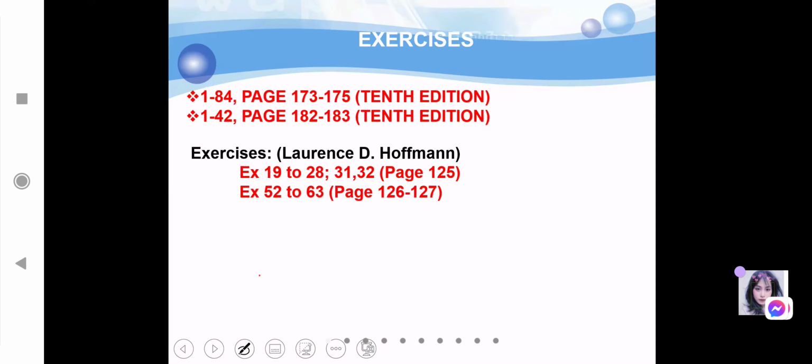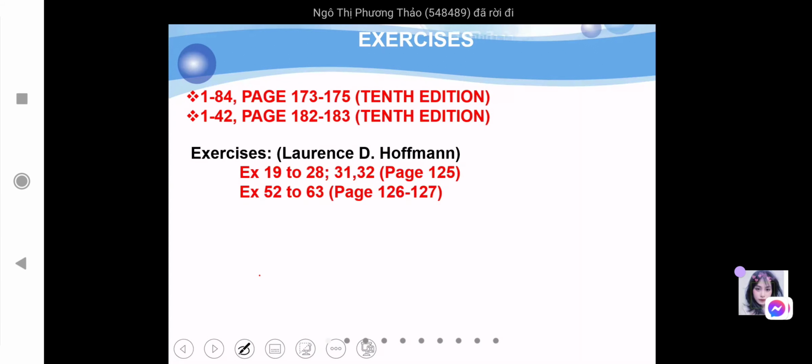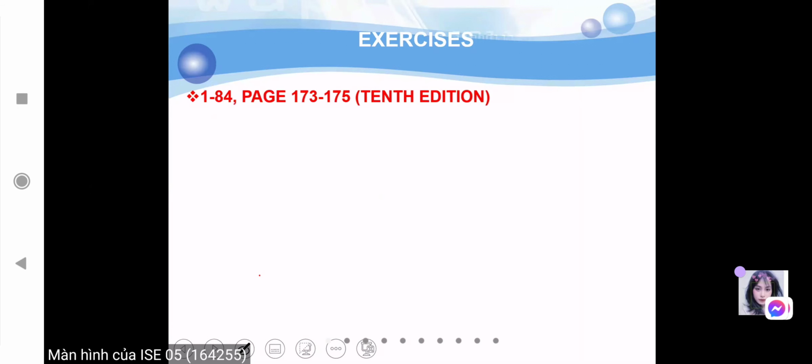Then this is the exercise. Okay. Now we move on to the next chapter, Chapter 3. Before we move on to Chapter 3, you show for me some exercises.